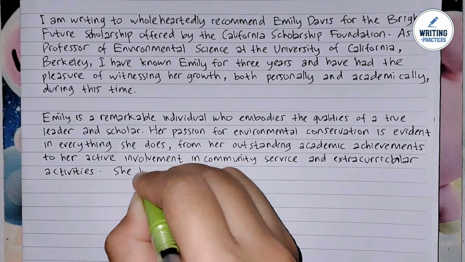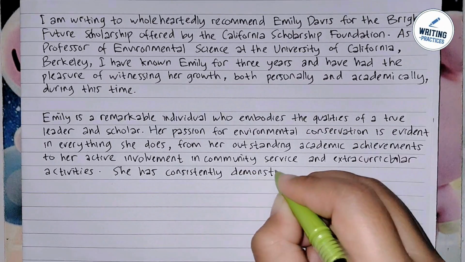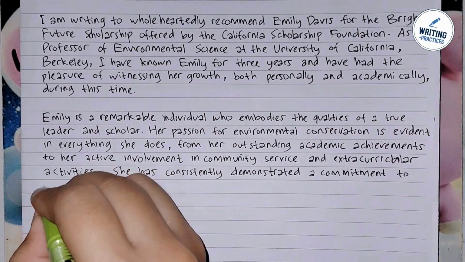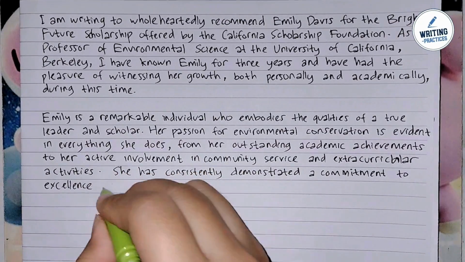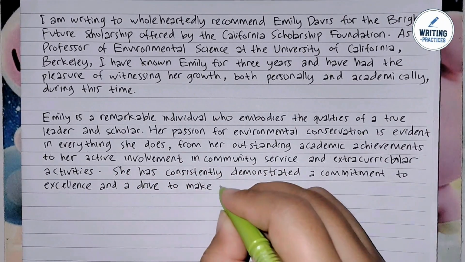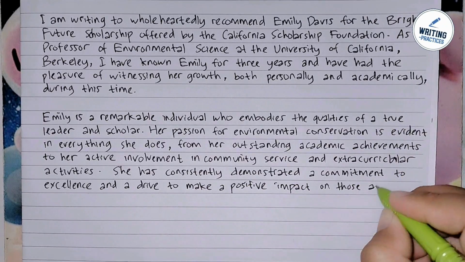And then, provide evidence of their drive for excellence and commitment to making a difference, both in academics and in extracurricular activities. If you have no idea what to write, you may check the following example. She has consistently demonstrated a commitment to excellence, and a drive to make a positive impact on those around her.